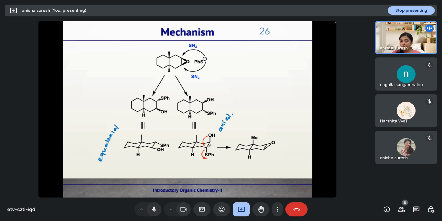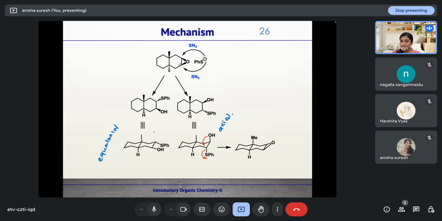So here this sort of attack is possible, giving back the starting material, but since here both are coming in the equatorial side, such attack is not possible, and this will be the major product. If we redraw this, the alcohol will be beta and the thiophenol will be alpha.